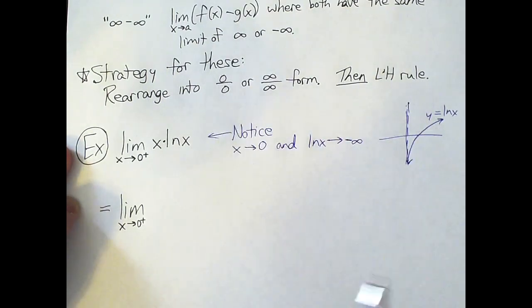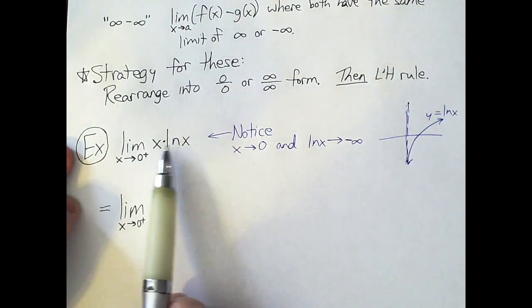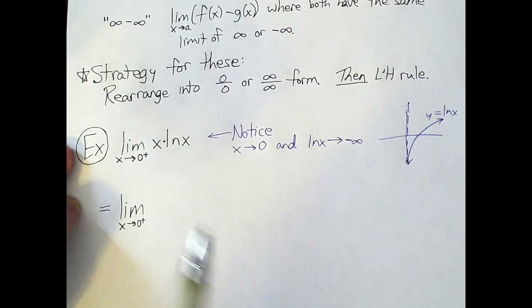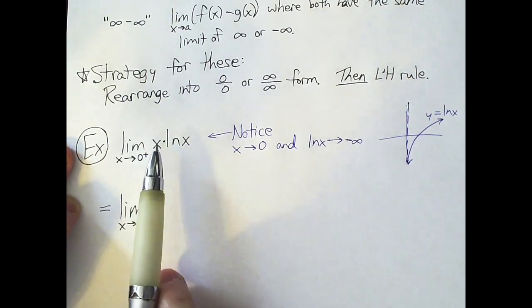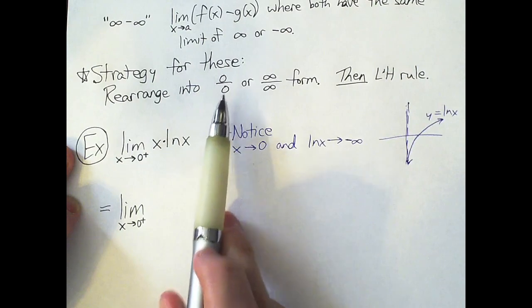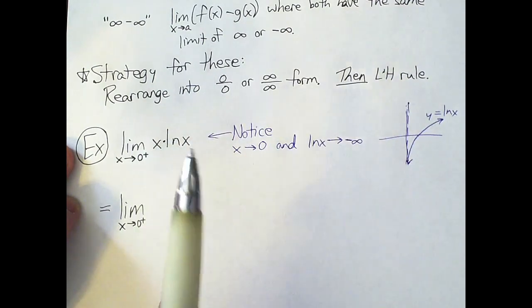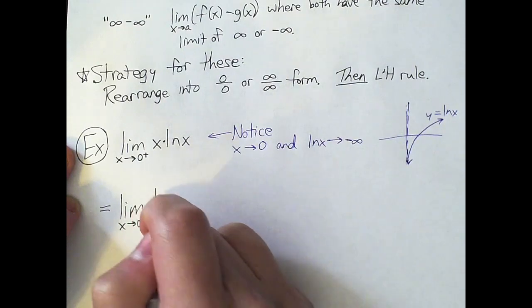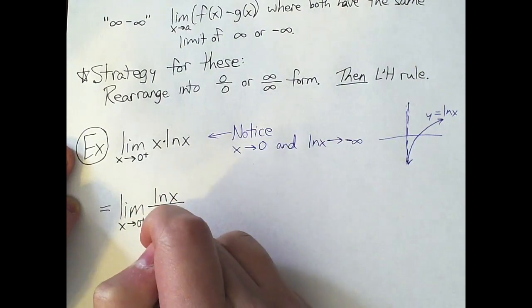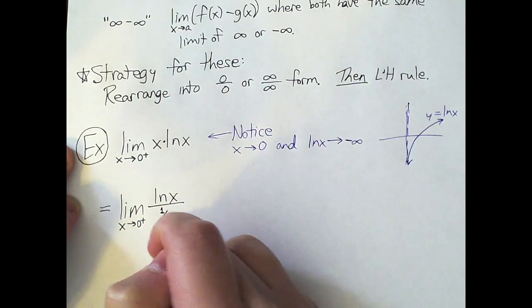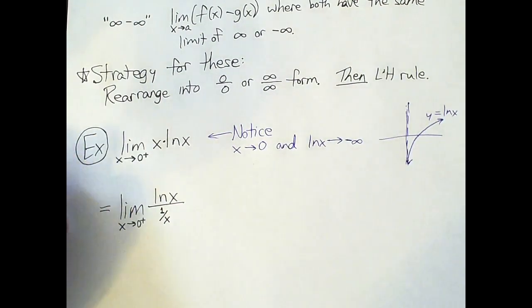We want it to look like a quotient. Right now, it's a product. Well, one way to turn a product into a quotient is instead of multiplying by x, I'm going to divide by its reciprocal.